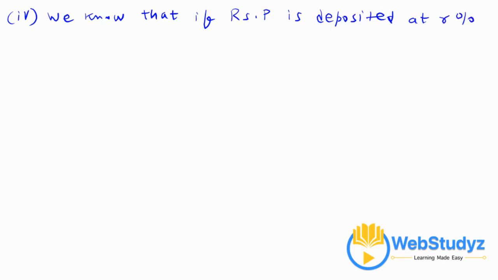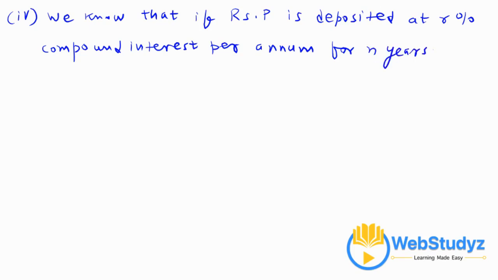We know that if rupees P is deposited at R percent compound interest per annum for n years, the amount of money will be P into 1 plus R by 100 whole power n.